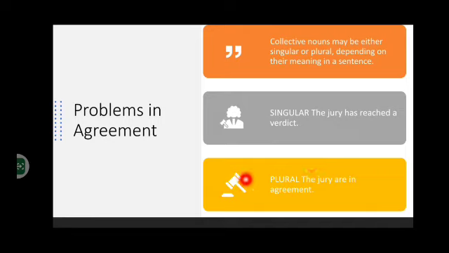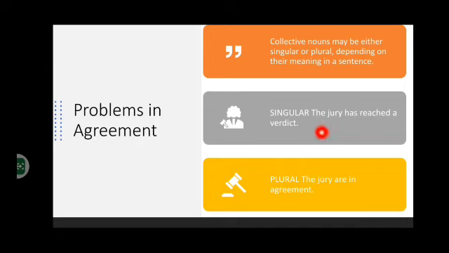An example of plural: "The jury are in agreement." When we are talking about a collective noun and we have each member of the jury in mind, for example, in the jury there are five members and we are talking about each member, then we take jury as a plural noun. In "The jury has reached a verdict," we're talking about the jury as a whole.